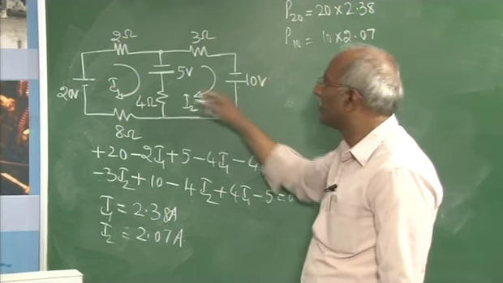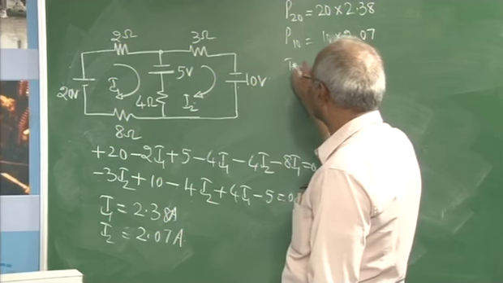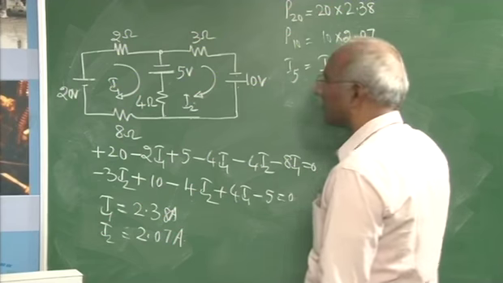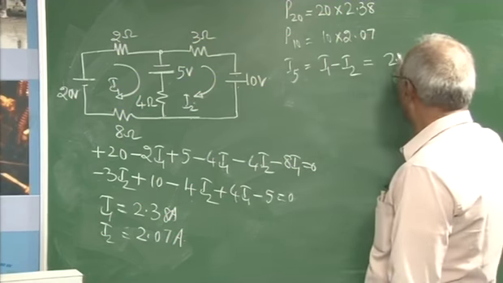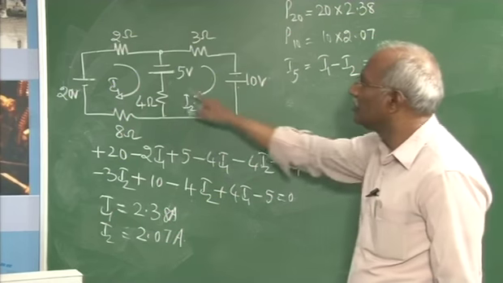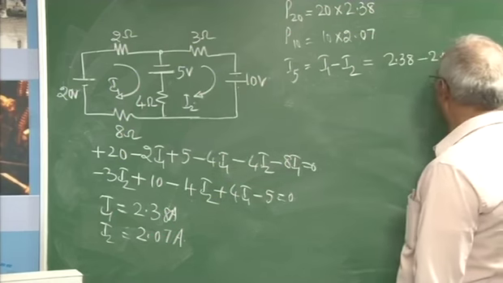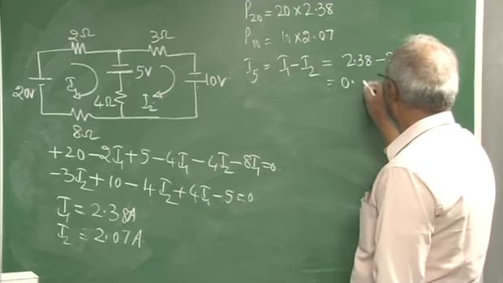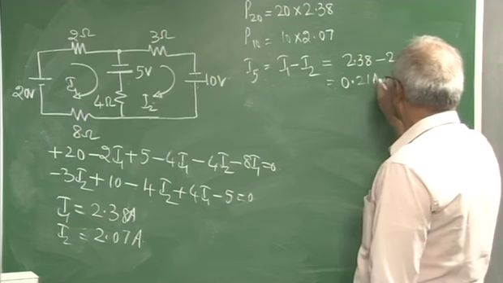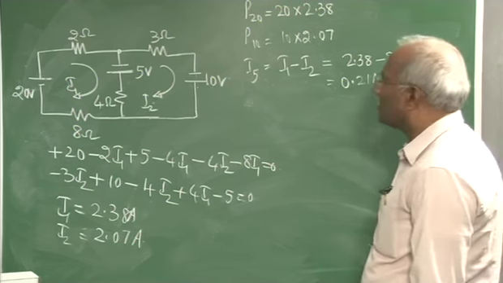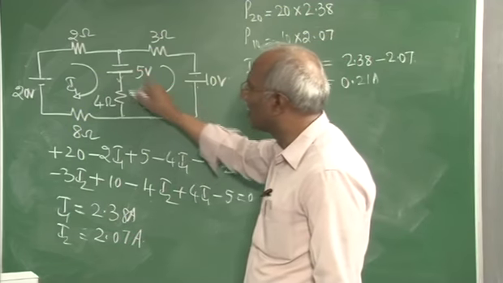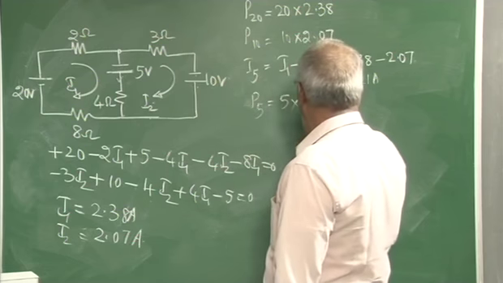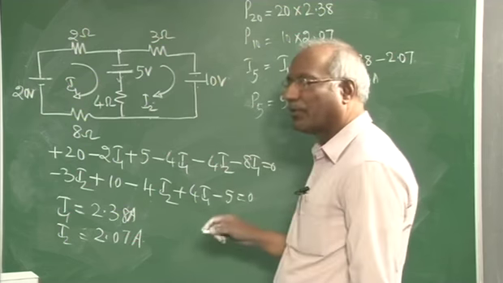Now the current through the 5-volt battery, that is I5, will be I1 minus I2, that is 2.38 minus 2.07, therefore this is positive, that comes to 0.21 ampere. The current is coming out here, therefore it is also supplying power. Therefore, P5 will be equal to 5 into 0.21.